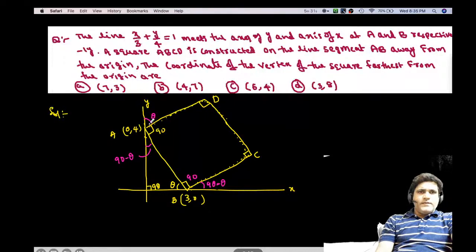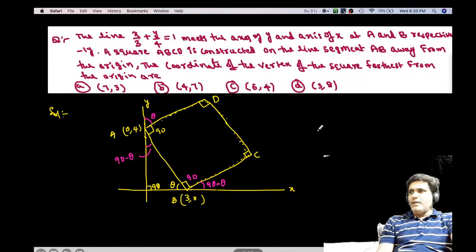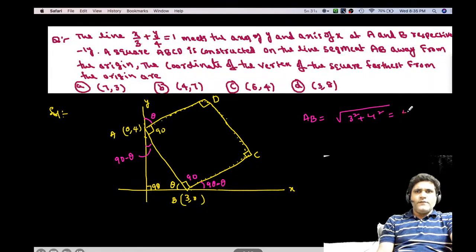Now what is the length of the side of the square, that is AB length? The length of AB is equal to, by the distance formula, 3 square plus 4 square, that is 25, that is 5. This AB length is 5, therefore it is a square, all the lengths are equal, therefore 5.